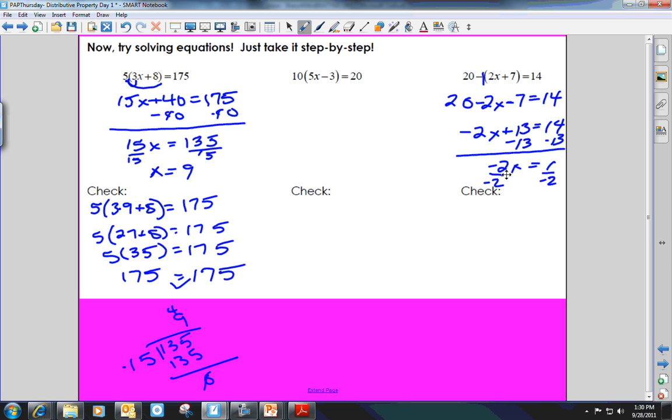So negative 2 over 1 times negative 1 over 2 does equal 1 on this check. Remember, you multiply straight across, that gives me 2 over 2 equals 1, and that's 1 equals 1 for my check.